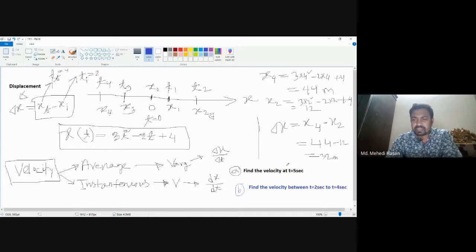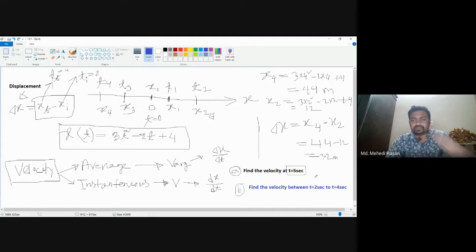There is a single time, that means at the fifth second you have to find out the velocity. But in case of the second one, there is mainly a time interval, t equal to 2 second to t equal to 4 second. So there is a large interval of time. So you can say that the first one is the instantaneous velocity, instantly at the fifth second, and the second one is the average velocity, which is t equal to 2 second to t equal to 4 second.